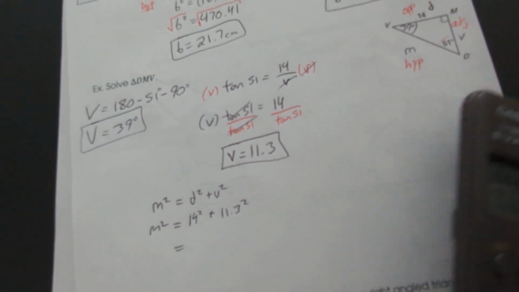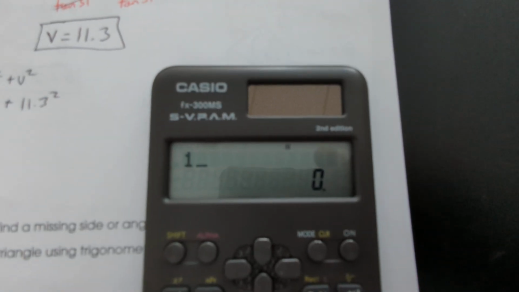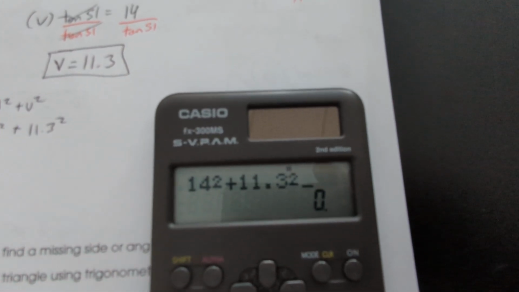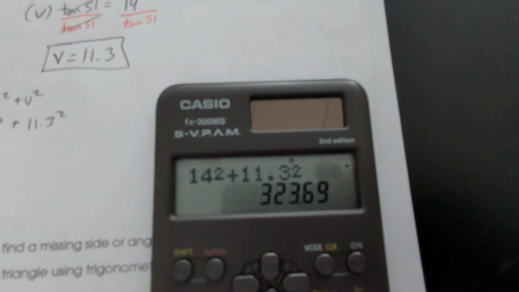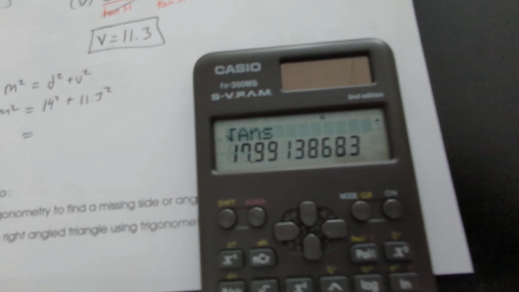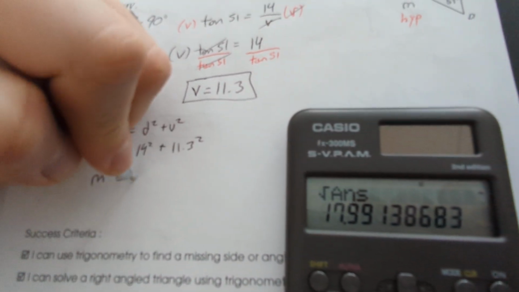And then we need to find what this equals. So 14 squared plus 11.3 squared equals that. And then we know we're going to square root this to get the m by itself, right? So we can just square root this right away. And it's 18. So m is going to equal 18.